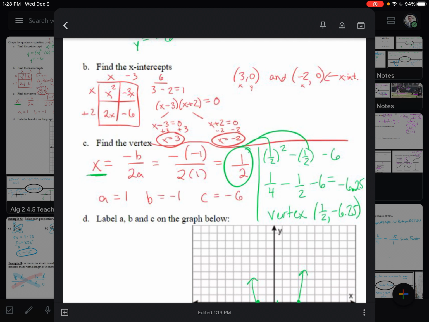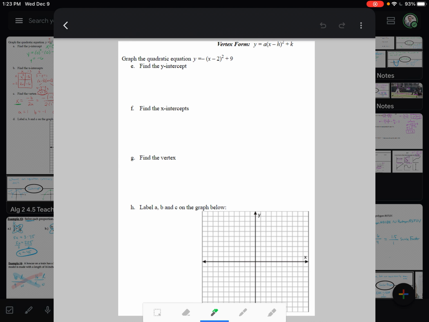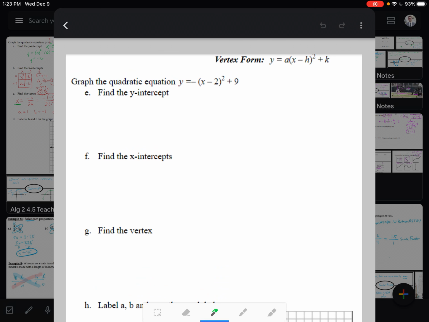All right, a second example that we need to be prepared for is when it's in vertex form. So instead of the ax squared plus bx plus c form, vertex form. So remember, your vertex is h comma k, and it's going to make solving for intercepts a little bit more challenging. So again, remember, y-intercept comes when x equals 0. Well, this equation is minus x minus 2 squared plus 9.